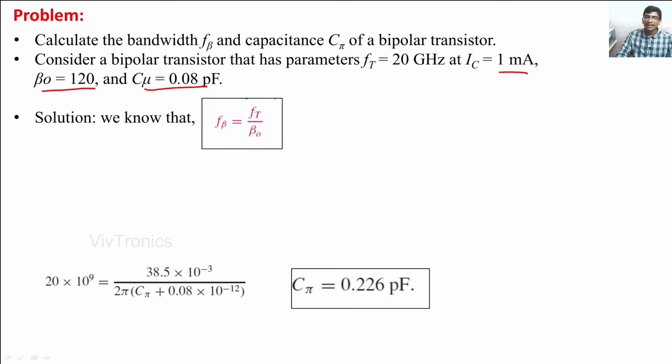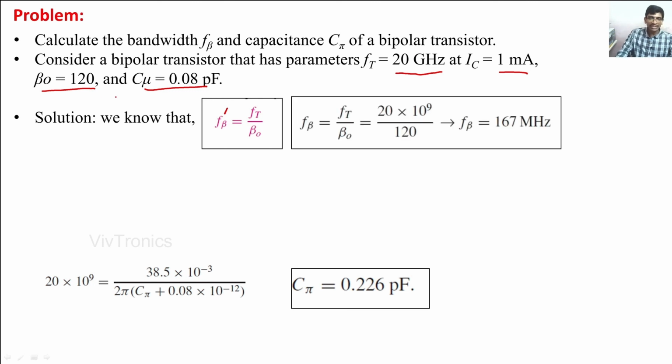We know the equation f beta is equal to ft by beta naught. ft is given as 20 GHz and beta naught is 120, so f beta is equal to 20 into 10 power 9 divided by 120, which is equal to 167 megahertz.